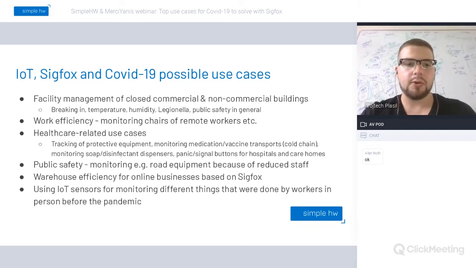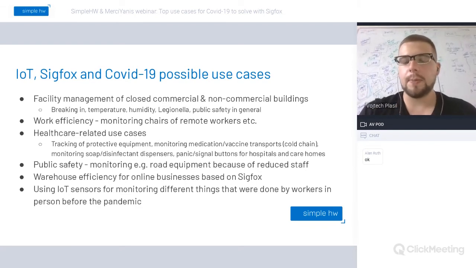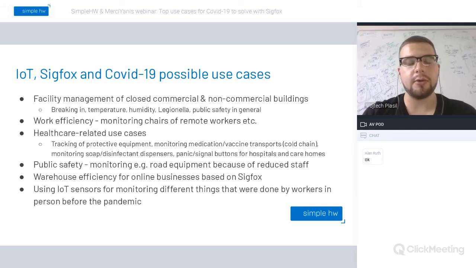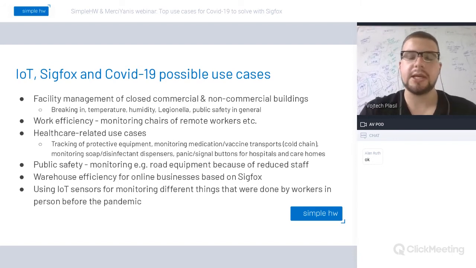For example, if you want to monitor road equipment or anything else that's outside and owned by the government, and the government is supposed to take care of it, IoT can be used to make sure that the government does not need somebody to go out there into the second wave of the pandemic, let's say.